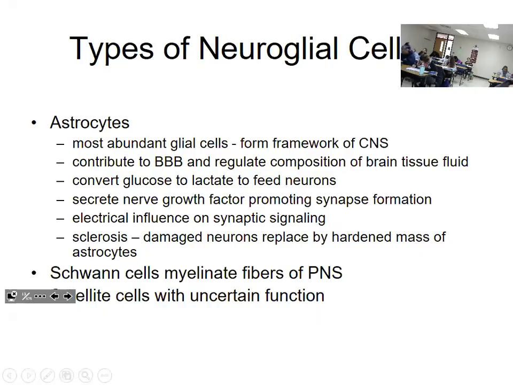Now, when not enough of this is being produced, then you can get what's called plaque formations at these synaptic areas. And these plaque formations won't allow the neurotransmitters to cross the space to talk to the next one. So you know what?